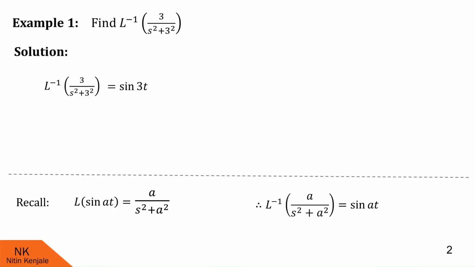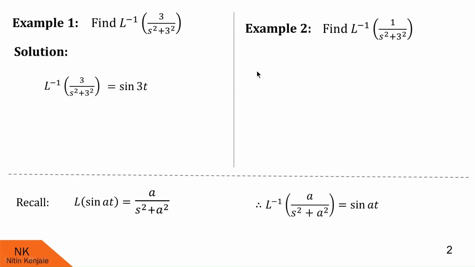Now let me increase the difficulty level in example number 2 by removing this 3 from the numerator of this function. Here in this example, I ask you to find L inverse of 1 upon s square plus 3 square. Now it is clearly seen that since this 3 is not there in the numerator, L inverse of this function cannot be directly written as sine 3t.